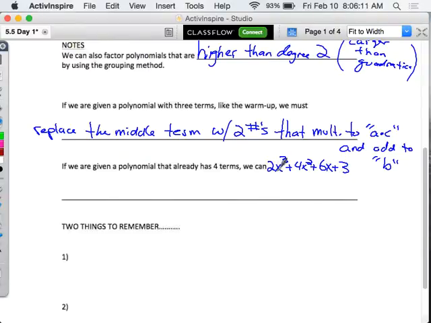If we're already given something with four terms to start off with, then we can go straight to the grouping method. We don't have to find two numbers that multiply to a times c and add up to b, all that stuff. All we have to do is go straight to the grouping method. So I'll show you an example of that in a second.